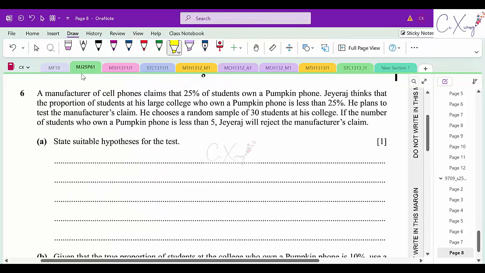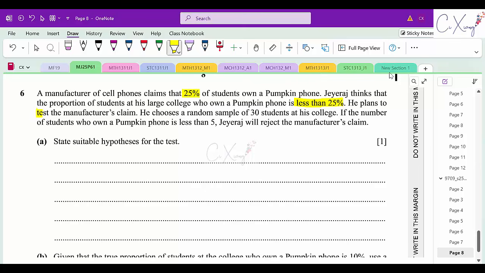Question number 6. A manufacturer of cell phones claims that 25% of students own a pumpkin phone. Then Jayraj thinks that the proportion of students at his large college who own a pumpkin phone is less than 25%. He plans to test the manufacturer's claim.